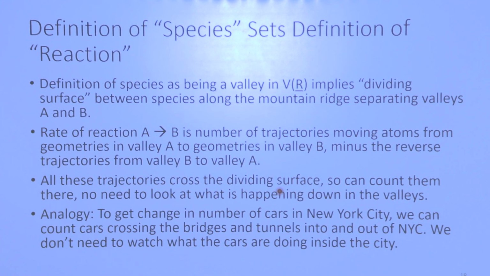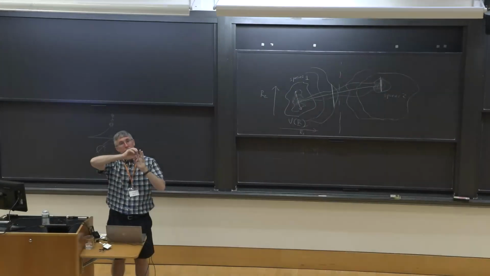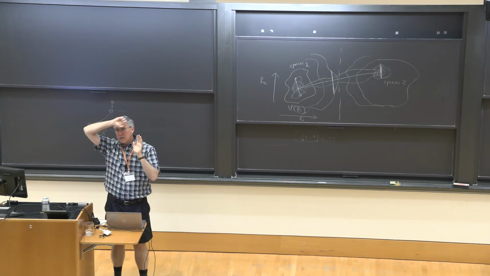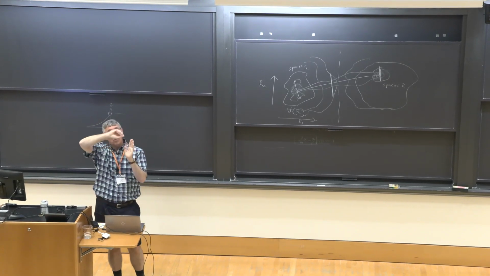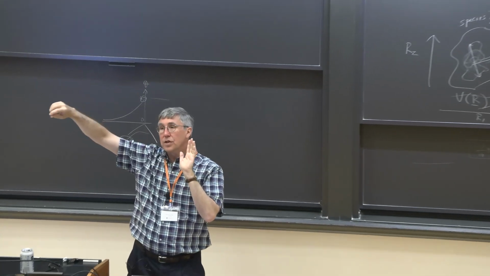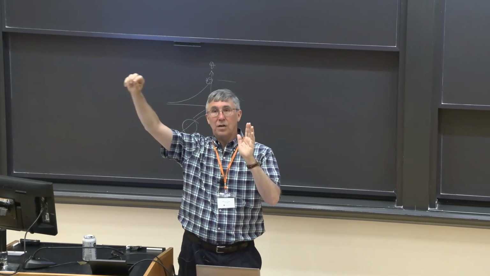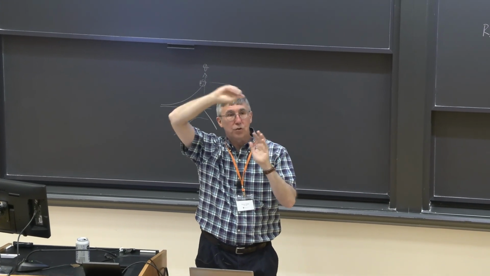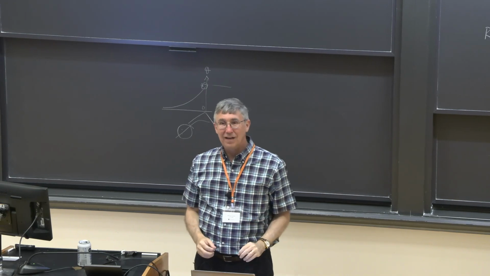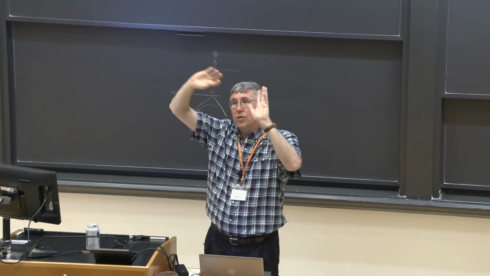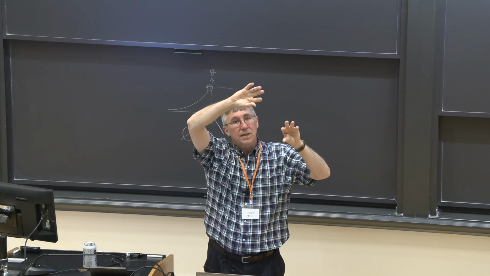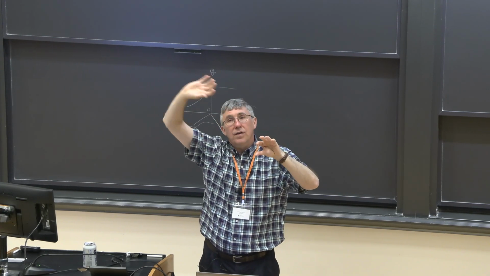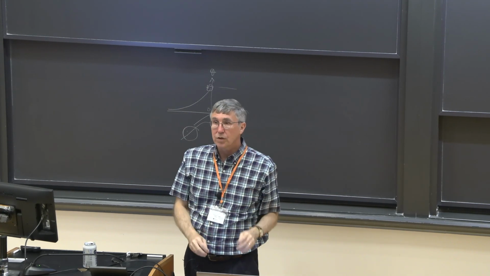So I can just count the trajectories as the atoms wiggle. If they cross the dividing surface, I can say a reaction occurred. So every time a trajectory crosses the dividing surface, oh, species 1 turned to species 2. And then a little bit later, it wiggled back. Oh, species 2 turned back into species 1. Right? And I can count how many of the trajectories of all the possible molecules in my system, species 1s, what percentage of them turned into species 2. That would be proportional to the rate coefficient.